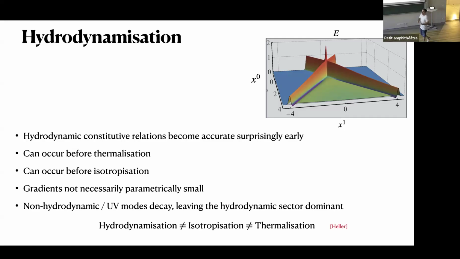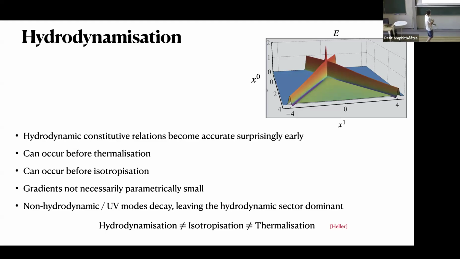From that point, you are saying that your system has an effective hydrodynamic description. What is surprising, and it came out of holography, is that this point can occur much before thermalization, long before your system became close to thermal, long before it became isotropic.